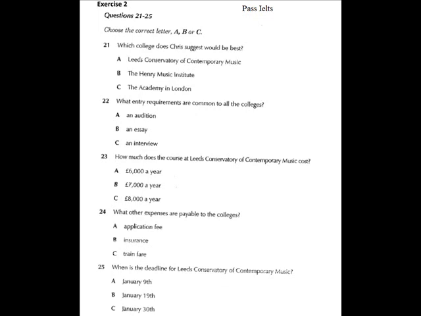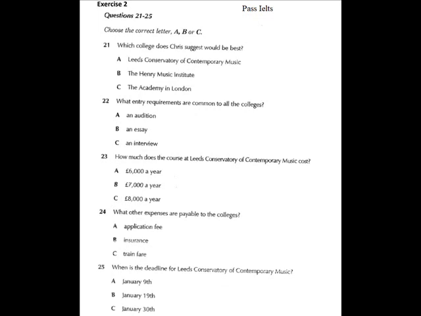Right. Sounds tough. I know, but I suppose it's for a master's degree, so I wasn't expecting it to be easy. What about the fees? Are they all the same? Well, surprisingly, the fee structures are very different. Why's that? I really don't know. But, for example, the Henry Music Institute is the most expensive, at £8,000 a year.